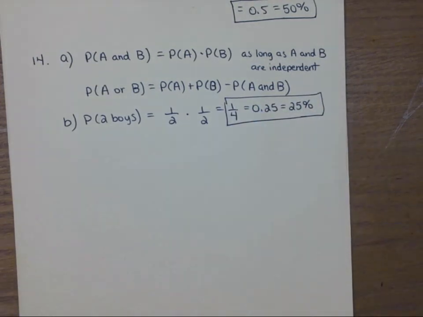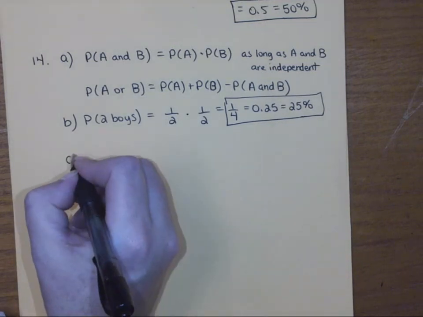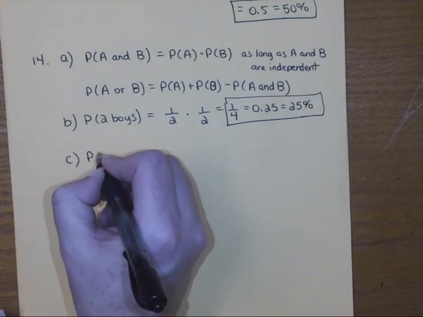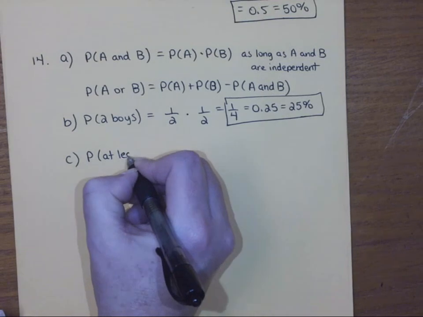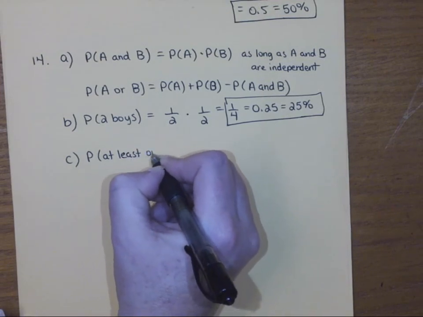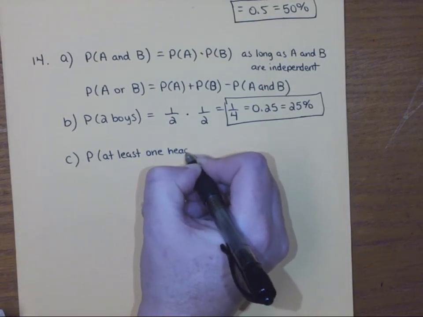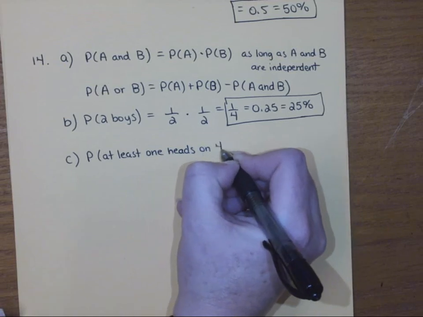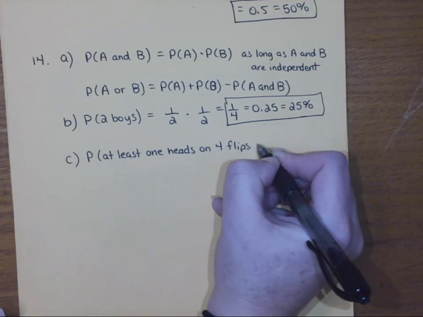Okay, the third one says the probability of flipping a coin and getting at least 1 heads. I bolded that for a reason. So I'm going to say on 4 flips of a coin.